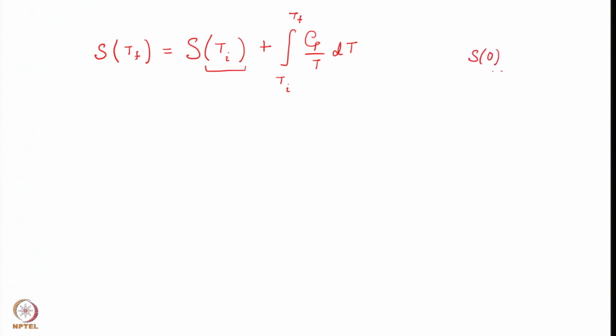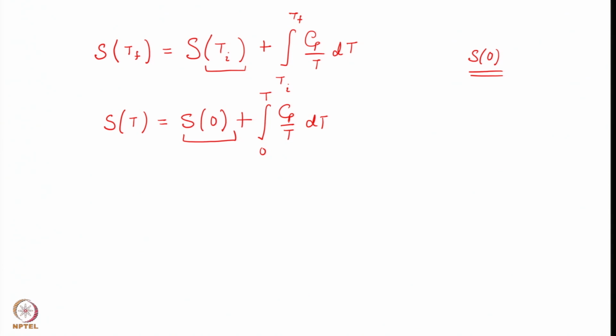Then at any general temperature I can write S(T) is equal to S0 plus the integration from 0 to T of Cp by T dT. So from the knowledge of S0, I can experimentally determine the value of entropy provided I know the heat capacity, and heat capacities can be determined calorimetrically. So this is experimental determination of entropies.